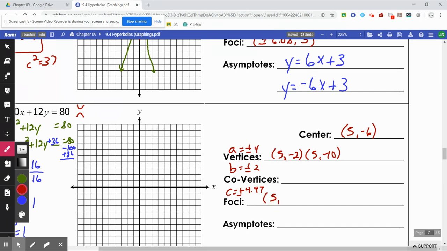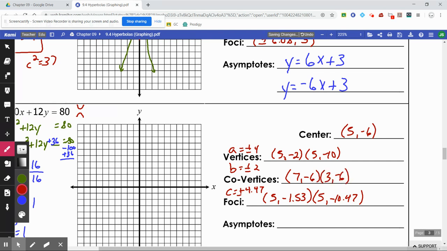It's going to be 5, negative 1.53 and 5, negative 10.47, if you go up and down there from the center. Find the covertices. Again, we go right and left. That'd be at 7, negative 6, and 3, negative 6.